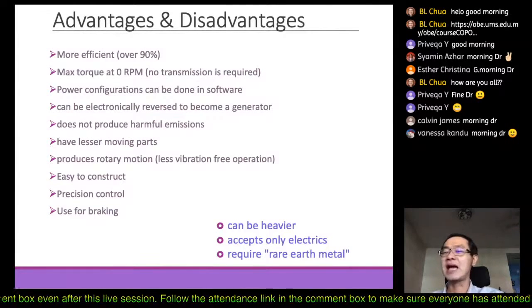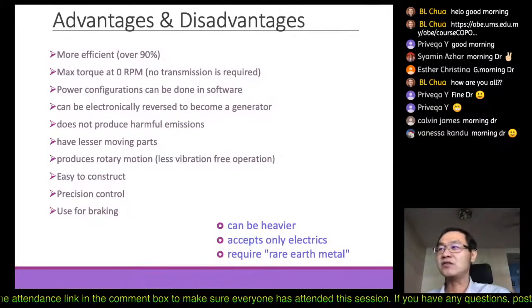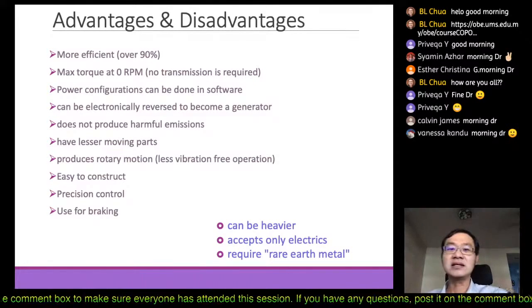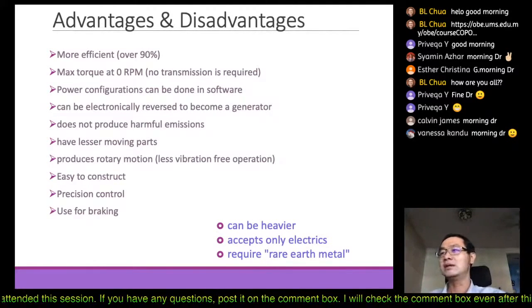That is the idea behind the electric car and the hybrid car, where they try to save energy. Everything is running on electrical power.